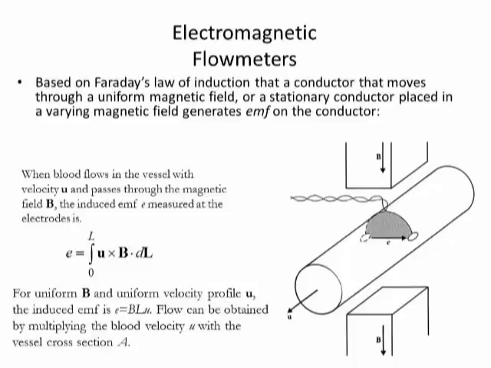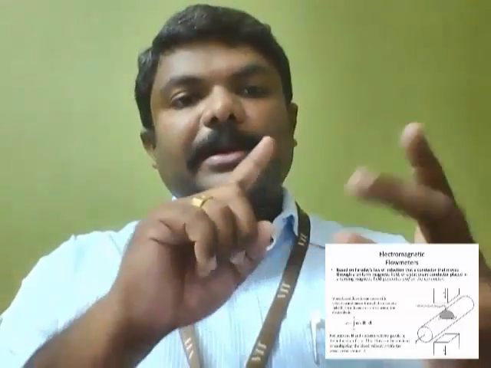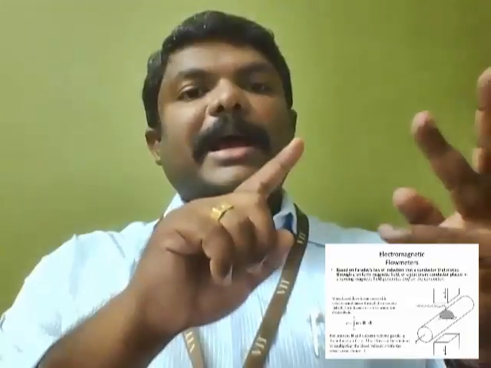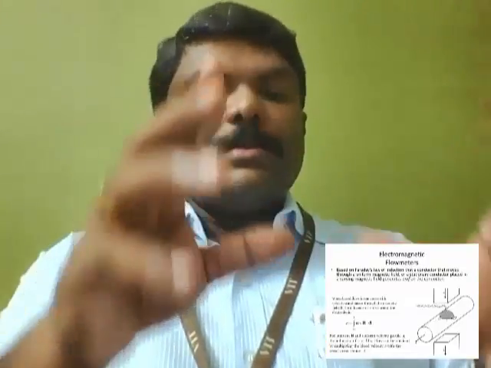All these three are perpendicular to each other: the magnetic field, the velocity of the moving conductor, and the induced EMF.